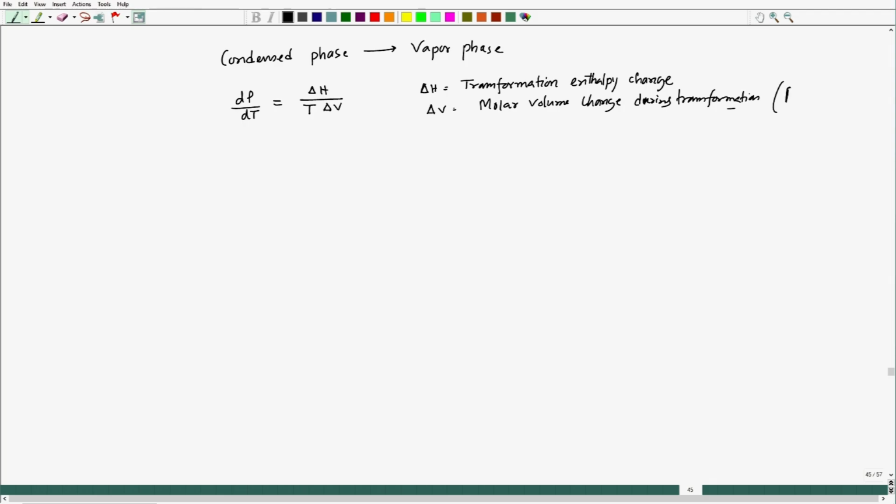Here the transformation is basically a phase transformation, please understand that, and T is basically the transformation temperature.